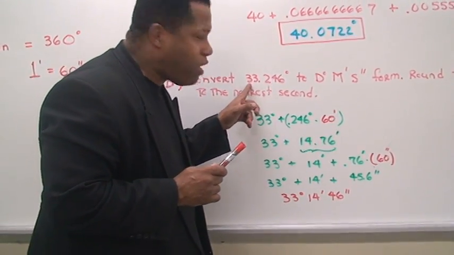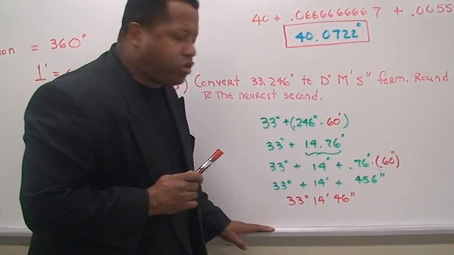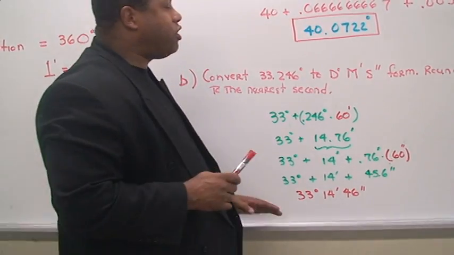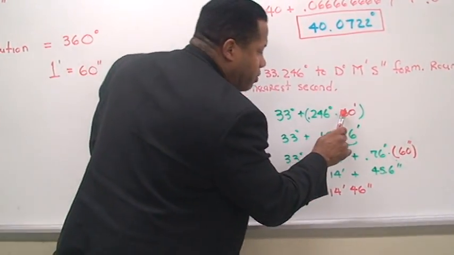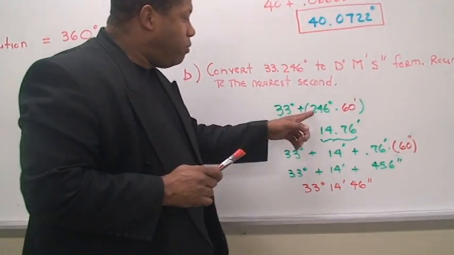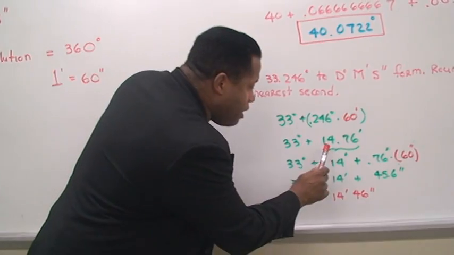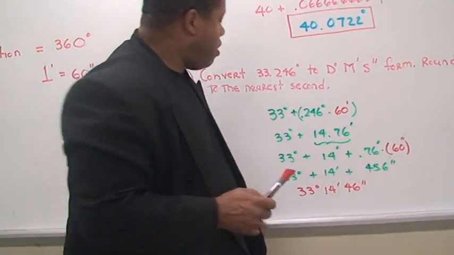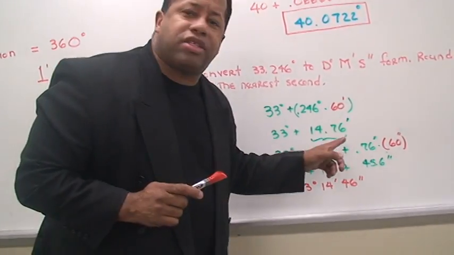So what you do is you carry the 0.246 over and multiply it by 60 minutes, because you're converting this portion to minutes. 0.246 times 60 minutes is going to give you 14.76 minutes. So bringing down, 33 degrees plus 14.76.